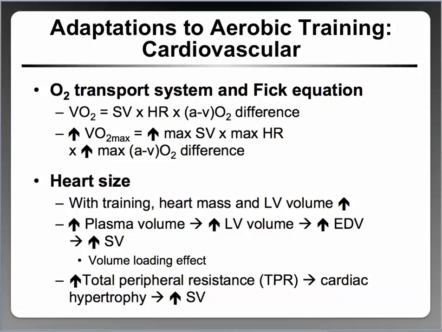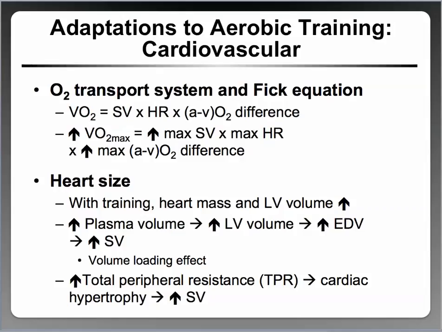Now, if you look at the final point on your slide there, I'm not sure why it's included here, but your textbook talks about what happens to the heart with resistance training. So I guess we'll cover it now.